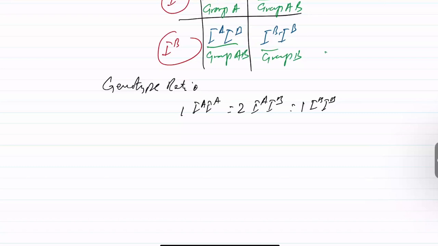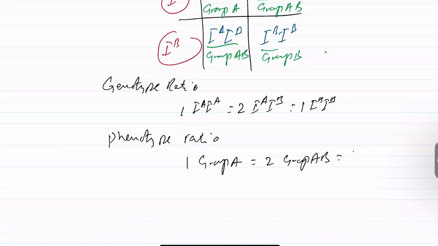And the phenotype ratio will be 1 group A, 2 group AB, and 1 group B. So do you see here the F2 ratio produced is different from complete dominance? In complete dominance, the F2 ratio produced is 3:1, whereas in codominance, the F2 ratio produced is 1:2:1.